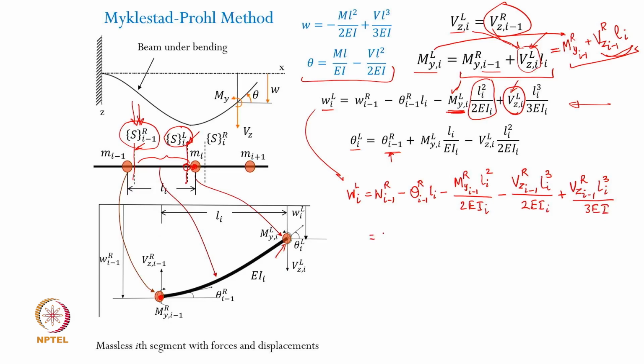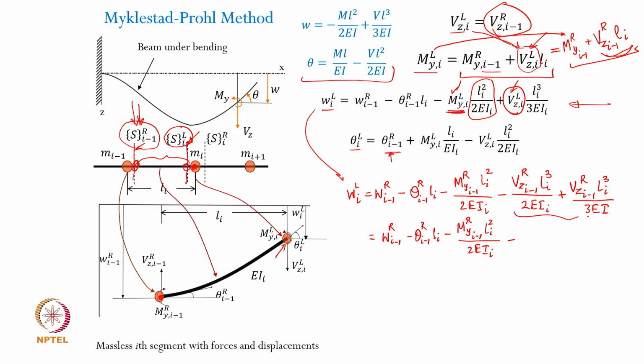Now you can look at all the parameters that I have on the right side of this equation have been obtained in terms of the state variables corresponding to this point, and I need to simply make a little readjustment of these terms.